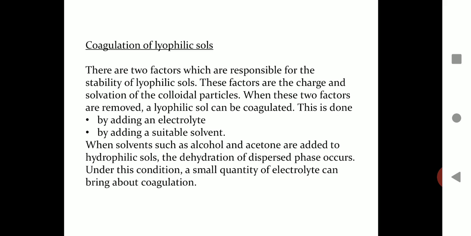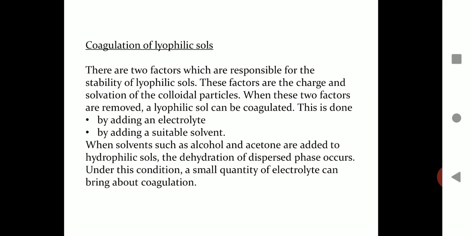So if we want to coagulate a lyophilic sol, then that can be done by adding the electrolyte, which is producing ions which are carrying charge opposite to that carried by the lyophilic sol particles, and also by adding a suitable solvent.